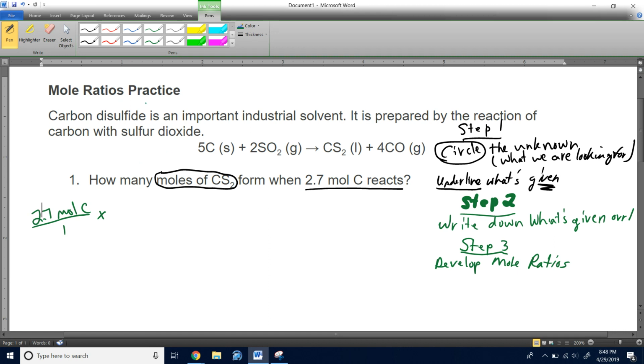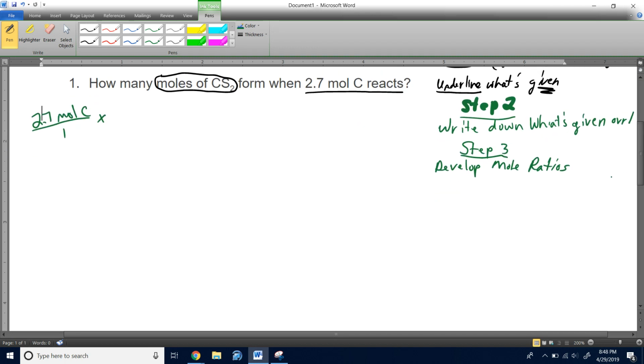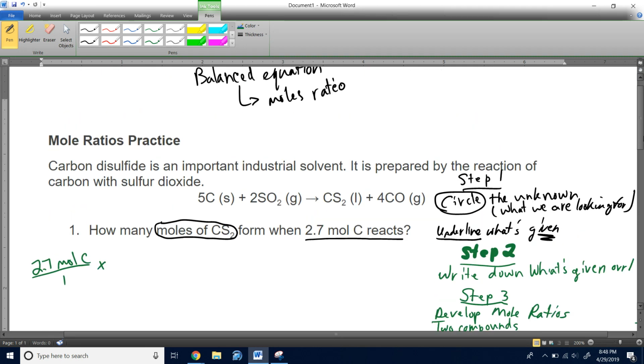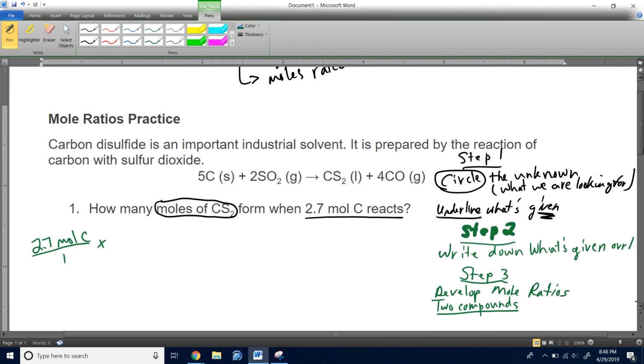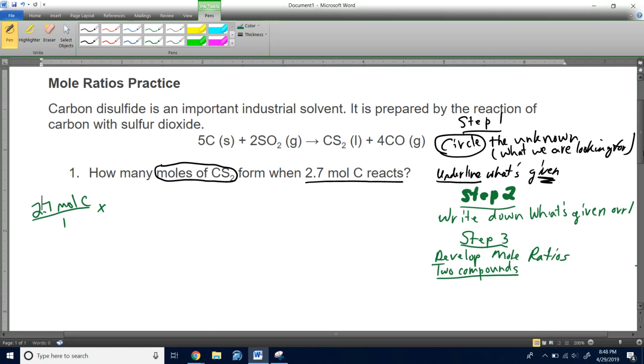In order for us to develop our mole ratios, we need to know our two compounds. Okay, this is very important. We have to know what our two compounds are. Typically in these problems, they're going to give us two compounds in the problem statement.